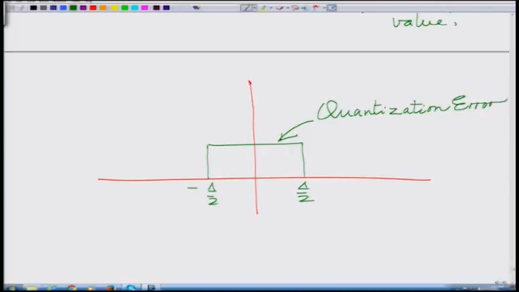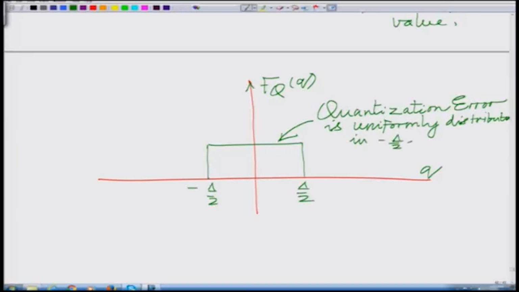Let us say this is your q, and this is the probability density function f. The quantization error is uniformly distributed in minus delta by 2 to delta by 2, so naturally the height of this uniform probability density function is 1 over delta, that is 1 over the length of the interval.